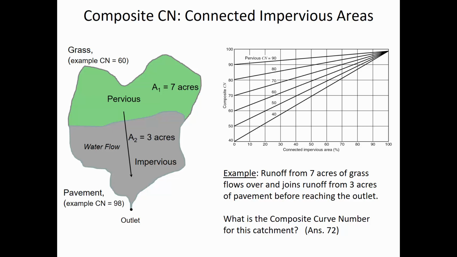And the impervious area, so this large asphalt section, is 70%. So if we go up to the 70% and the intersection of the pervious CN, and then we follow it, let's see, connected impervious, 70%.